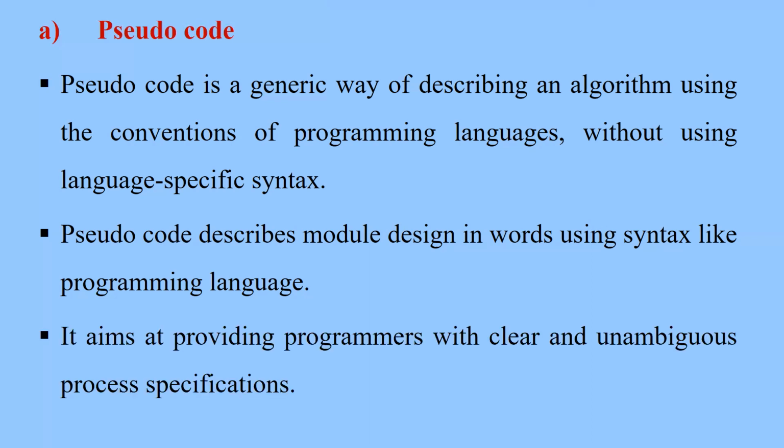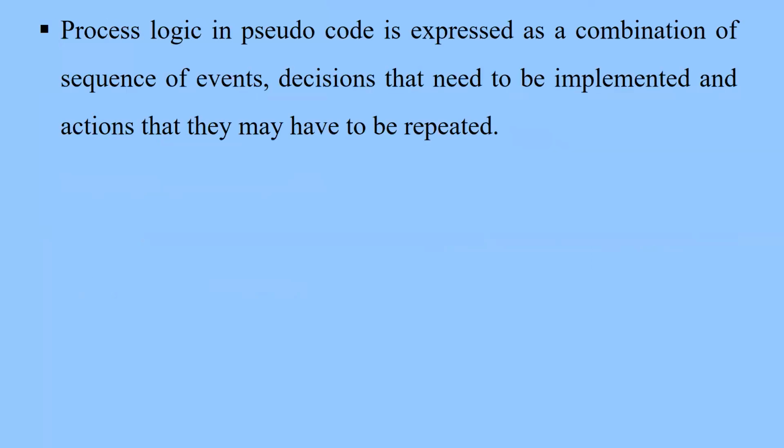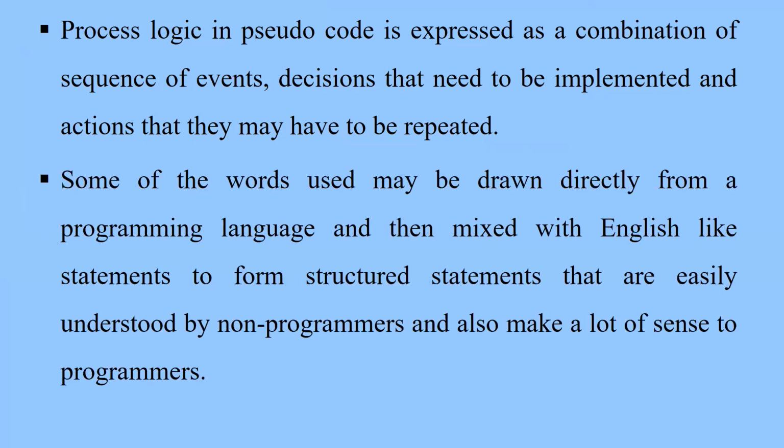And therefore, writing a pseudocode aims at providing programmers with clear and unambiguous process specifications. Process logic in pseudocode is expressed as a combination of sequence of events, decisions that need to be implemented, and actions that may have to be repeated.